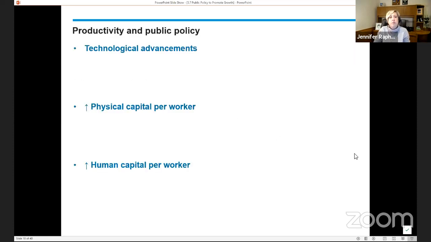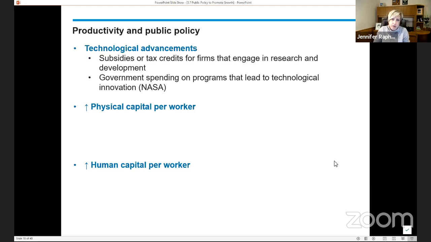Okay, so now remember, these are the things that cause an increase in productivity: technological advancements, increases in physical capital per worker, and increases in human capital per worker. So what can government do, if anything, to advance those things? Well, subsidies or tax credits to firms that engage in research and development can incentivize firms to engage in more of it, which can produce technological innovation.